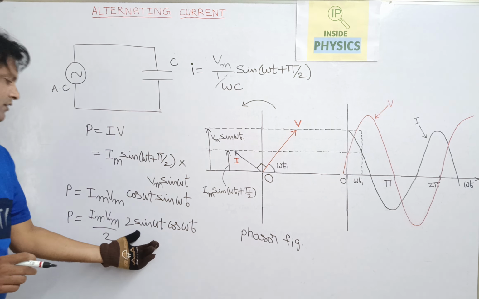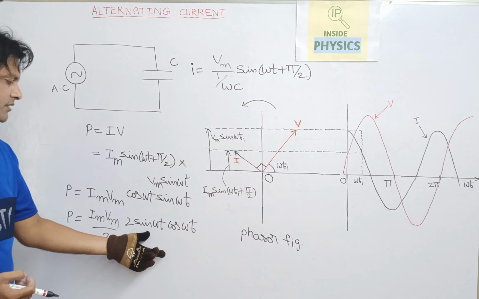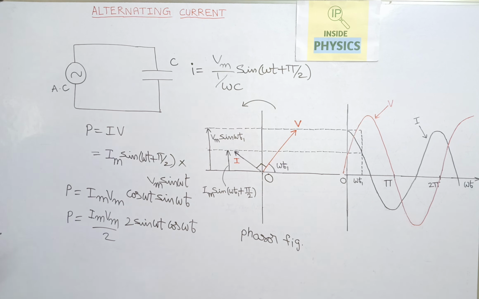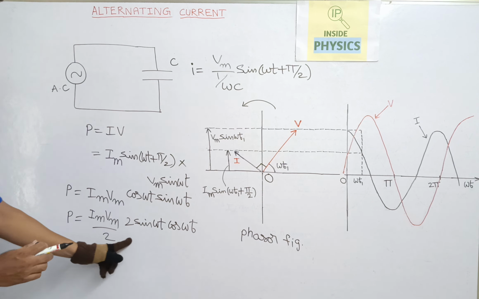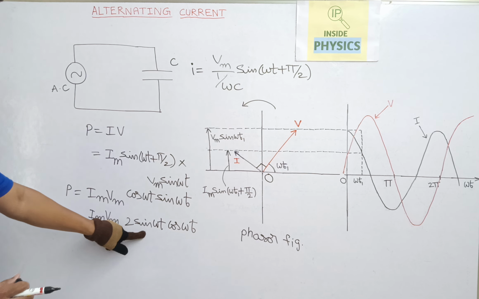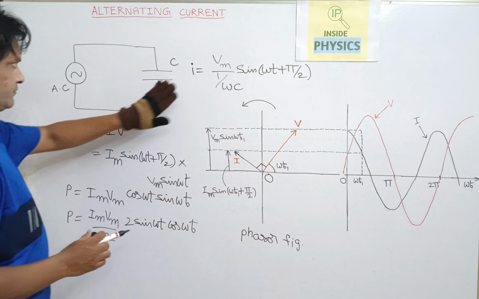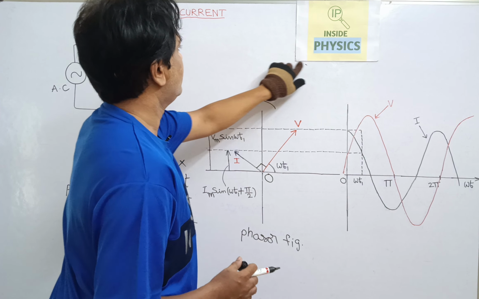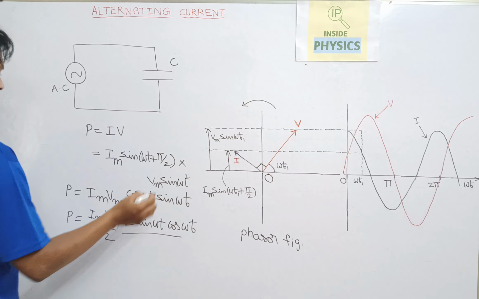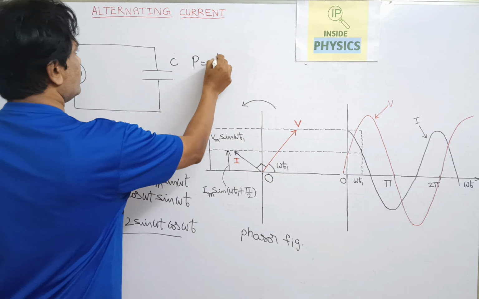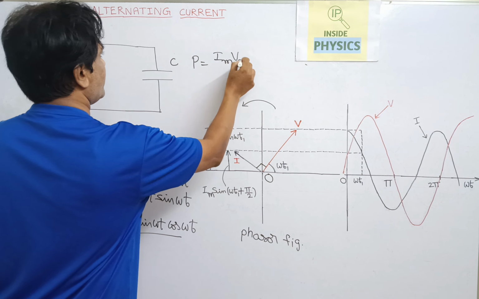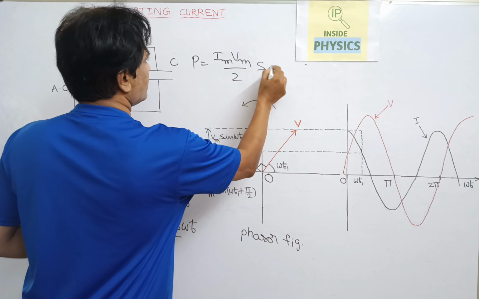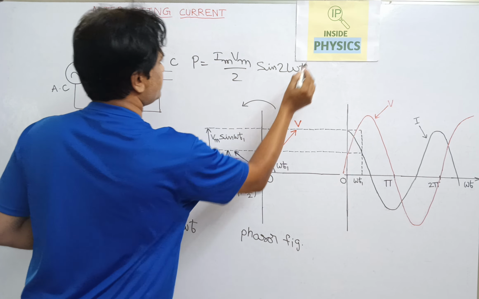From the trigonometric identity, sin 2 theta is equal to 2 sin theta cos theta. So this will be sin 2 omega t. So power is equal to Im Vm by 2 into sin 2 omega t.